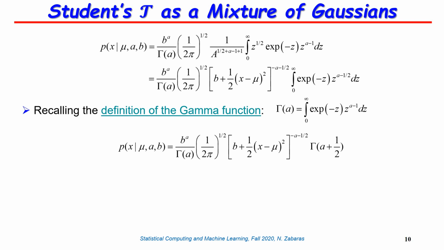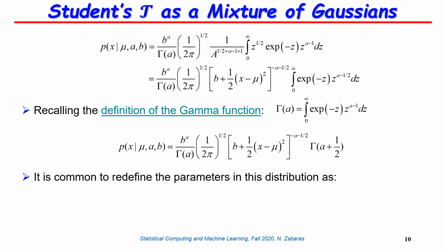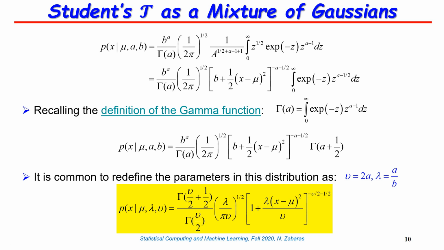That's a student T distribution. It's a little bit different from what we had before in the parameterization, but you can get exactly the previous form if you change parameters. If you define alpha to be nu over 2 and you define lambda to be a over b, then immediately you get the distribution we saw a few slides back as our definition of the student T distribution.